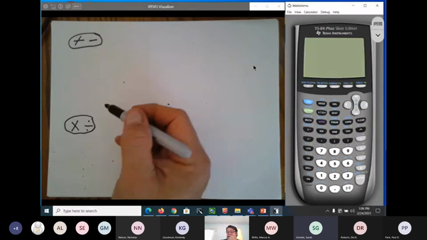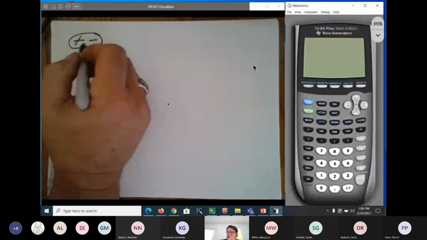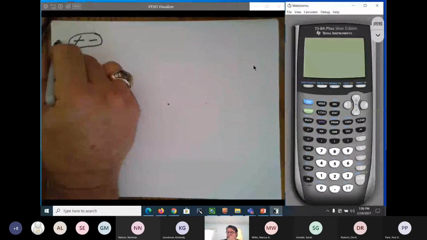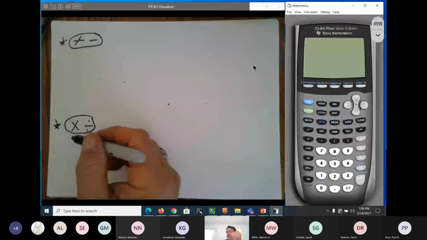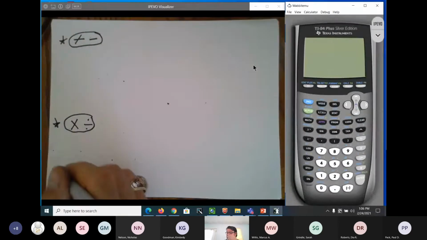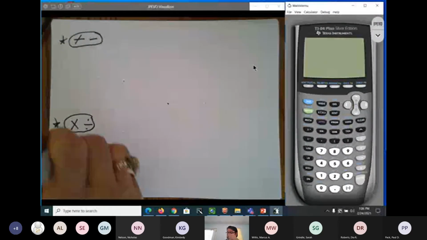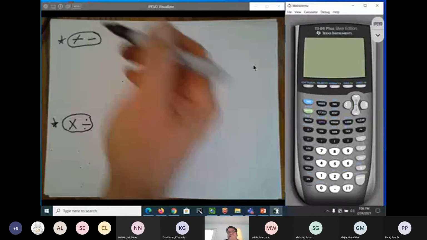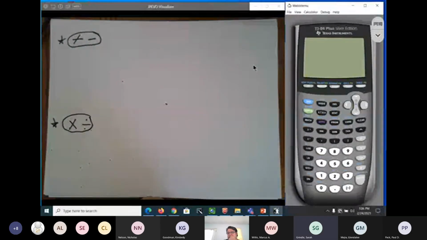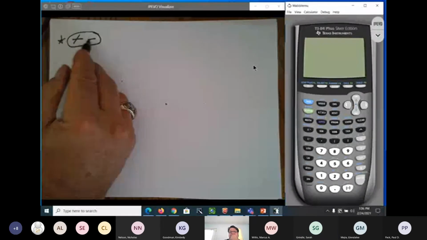Tell me why in mathematics I would put these two together, and why wouldn't I put multiplication with addition, or division with addition? Why did I put these two together?